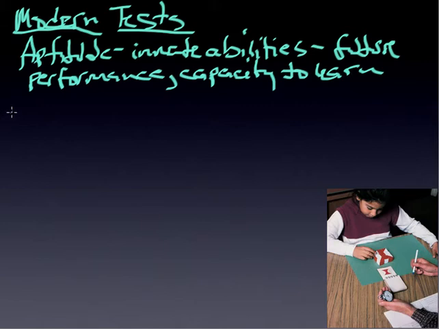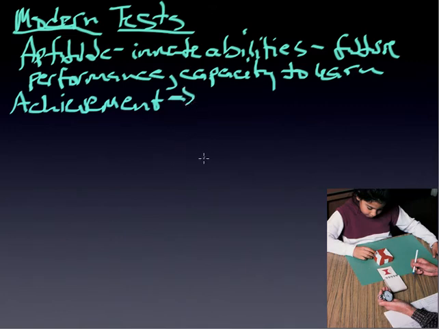Second, I already mentioned briefly to you achievement tests. They are not the same, and achievement tests, on the other hand, are basically trying to get a fix on what the person has actually learned.